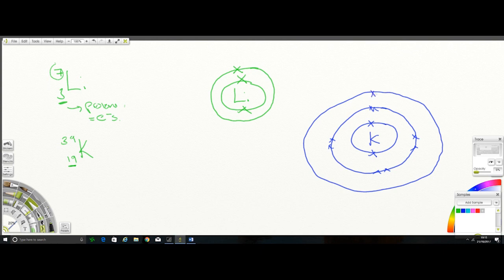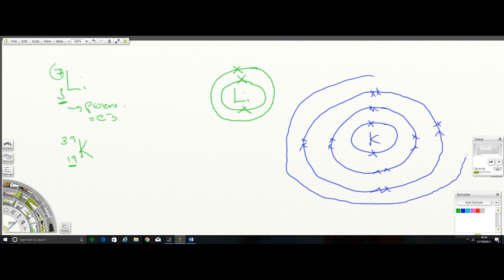So here's another 8, so 1, 2, 3, 4, 5, 6, 7, and 8. And one final one, so that's 8, 16, 17, 18 in total, and 1 in the outer shell, which makes it group 1 as well, because the group number corresponds to the number of electrons in the outer shell. So the code for this is 2, 1. The code for this is 2, 8, 8, 1.